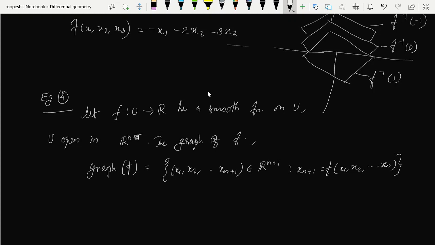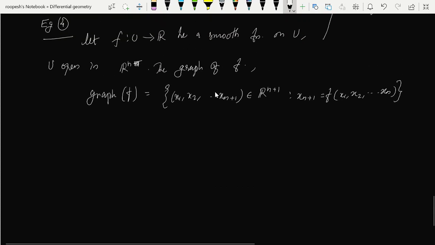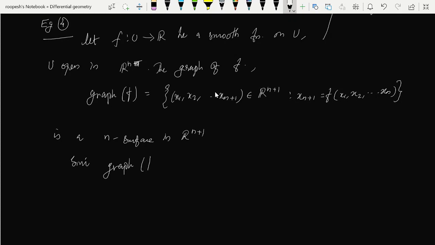Now this graph is an n surface in Rn plus 1. Since the graph of f can be written as some g inverse of 0, I want to define what this g is.